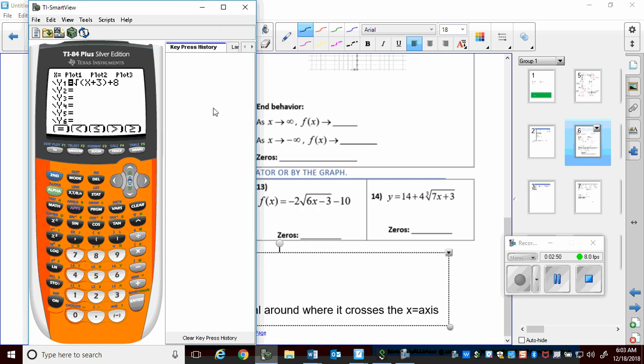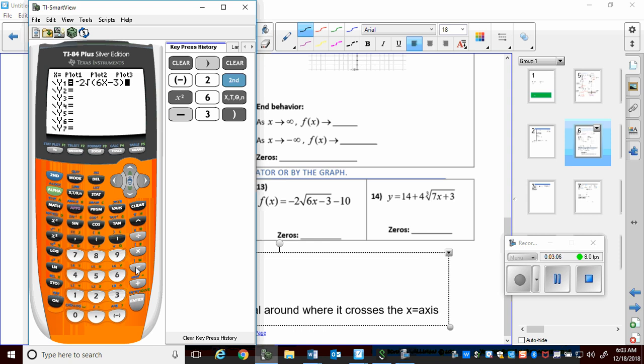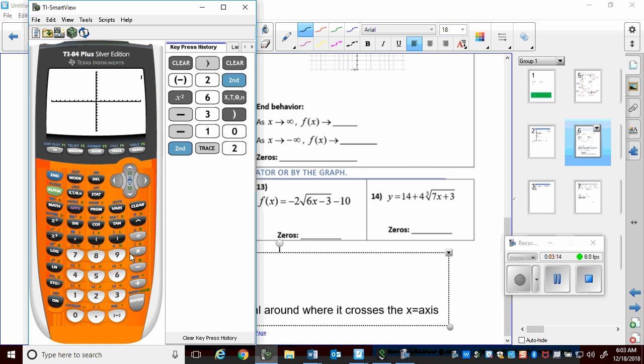Anyways, so I clear this out, put in number 13, and I have -2 second square root of 6x minus 3 parentheses minus 10, and I press second trace, and I go to 0, number 2, and I might have done that prematurely, so probably I should have looked at the graph first, so I'm going to press window, and zoom, and 0, to kind of hopefully find out where it's at.